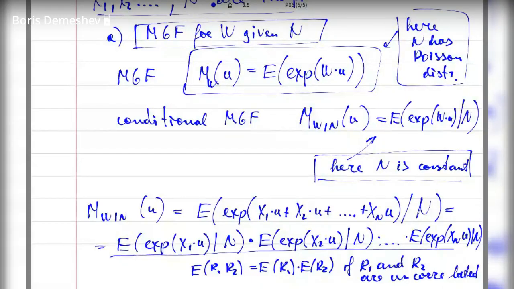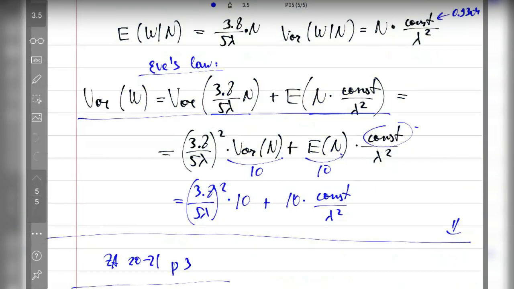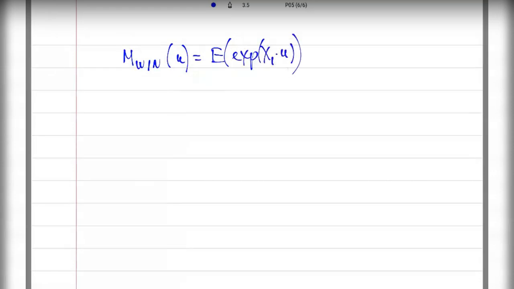Okay, so my conclusion is that the conditional moment generating function of W when we fix n is just the expected value of the exponent of x1 times u, to the power n.